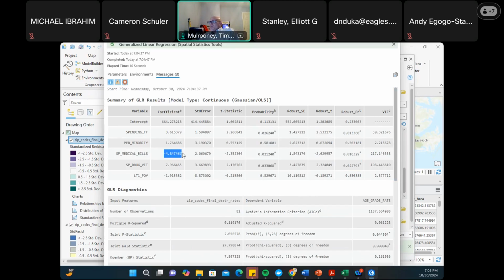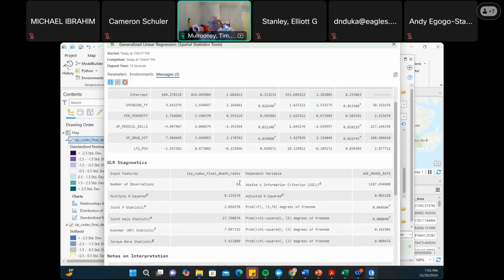People who spend more on medical bills have lower death rates because this is negative. Poverty has nothing to do with this particular model. And then spending on drugs and vitamins is positive. You spend more, you have higher death rates. Maybe. And then minority and poverty, they have nothing to do with this particular model here.